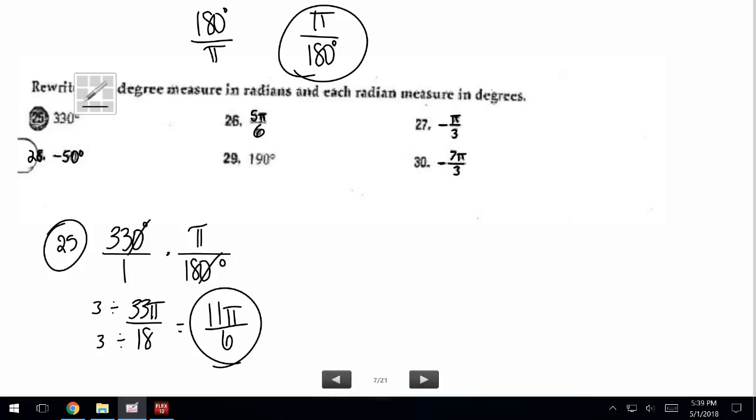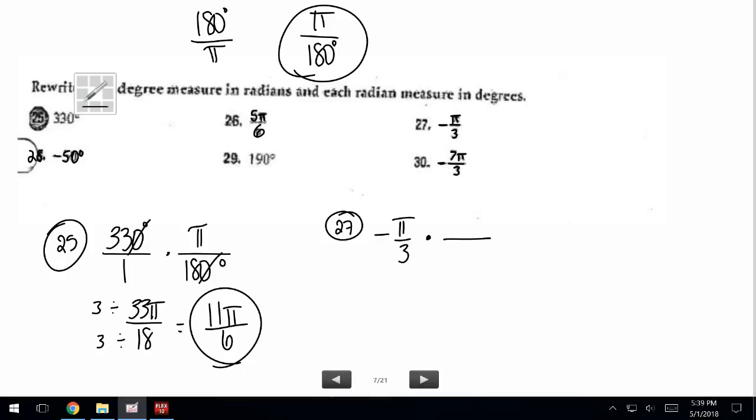All right, then I want to do number 27 with you. All right, you have 2 options, okay? Do not let it freak you out because it has a negative. It's the same exact thing. All right, so it's already a fraction, and I either have to multiply by pi over 180 or 180 over pi.